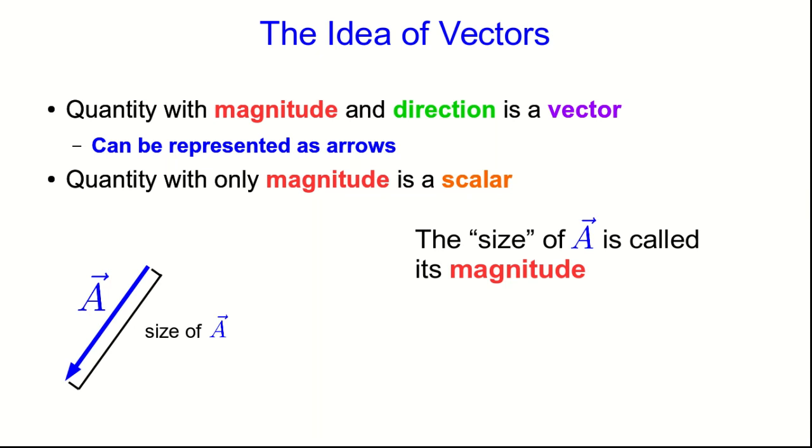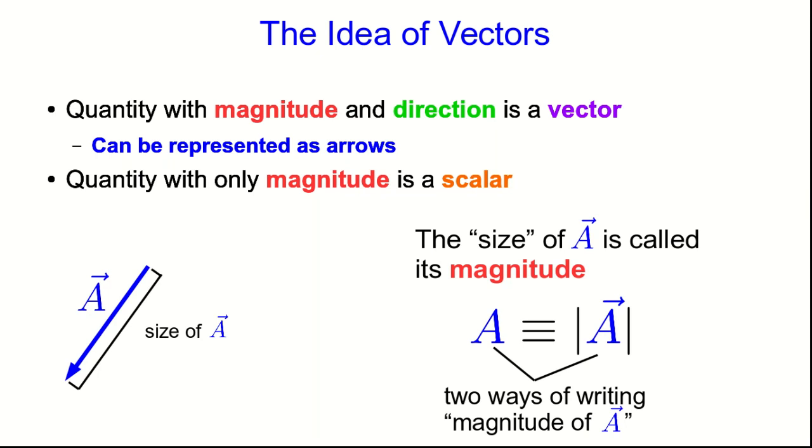Nonetheless, it has some size, which we call its magnitude, in whatever units that would be measured. And we represent the magnitude of A by simply writing A without the vector symbol on it. Or alternatively, we write the A vector inside absolute values. So these are two ways of writing the magnitude of A.